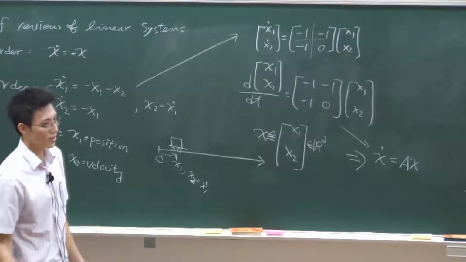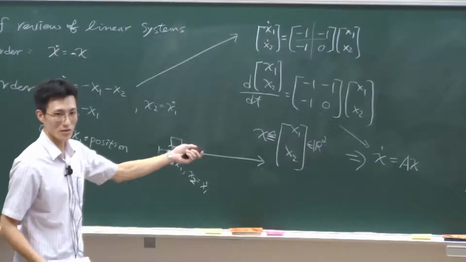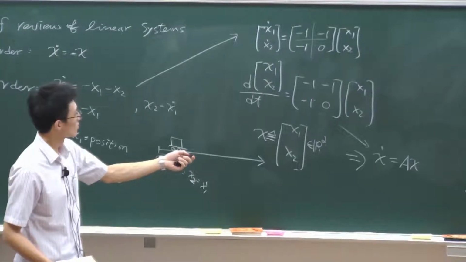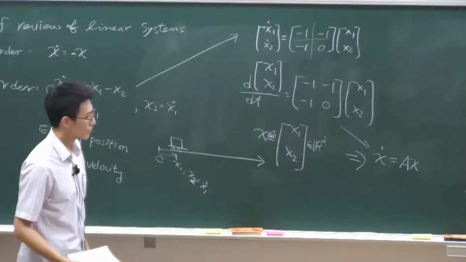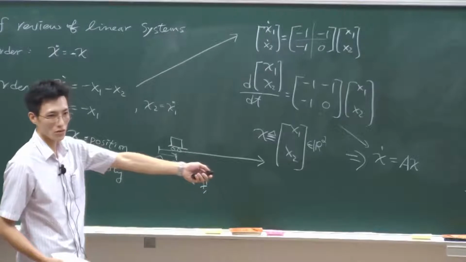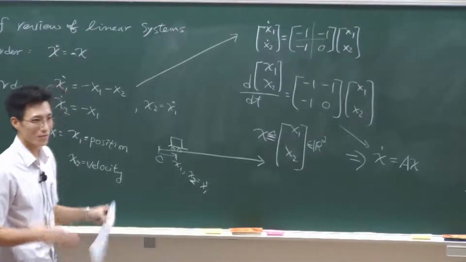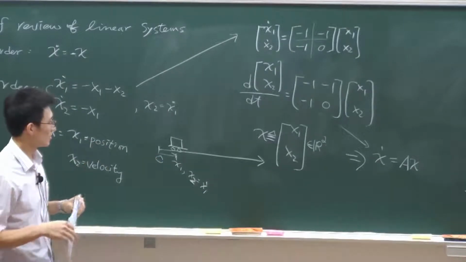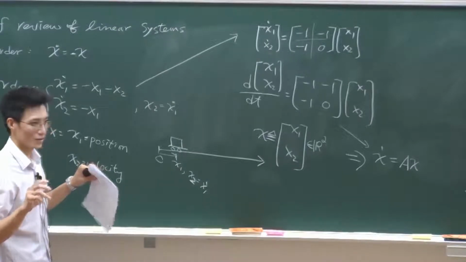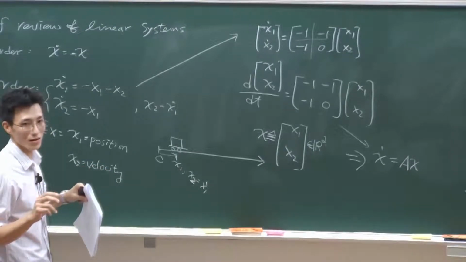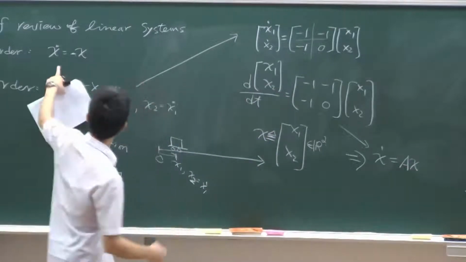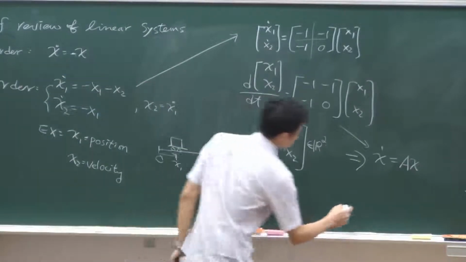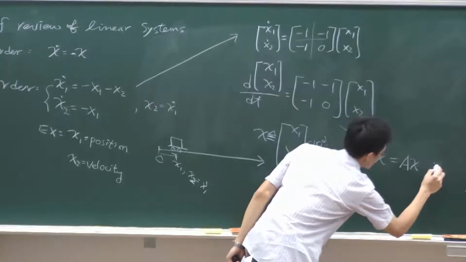So what's the advantage of expressing in this form? 这样写有什么好处？这样写是跟 one dimension 的 is almost very similar to the expression for one dimension, right? For one dimension case, you have here, okay? Second order.